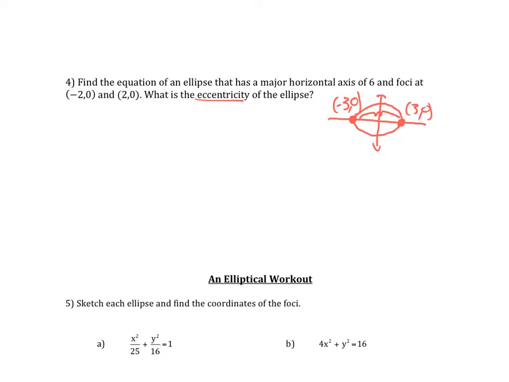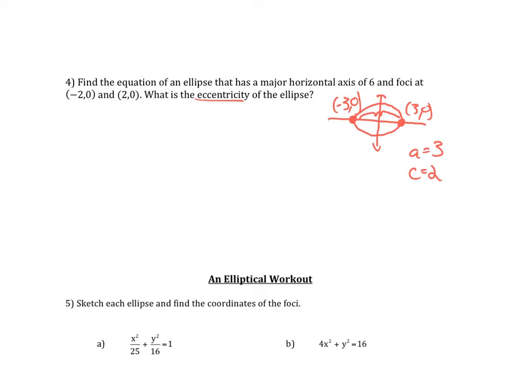If the entire length of the axis is 6, major axis again being the distance between the two vertices, then I know that my A value must be 3. I also know that my foci are at negative 2, 0, and 2, 0, meaning my C value is 2.